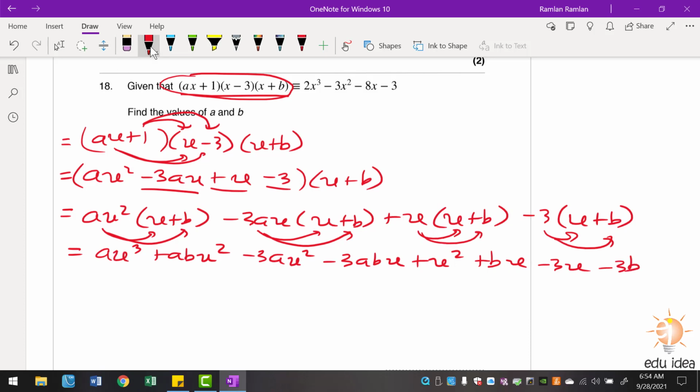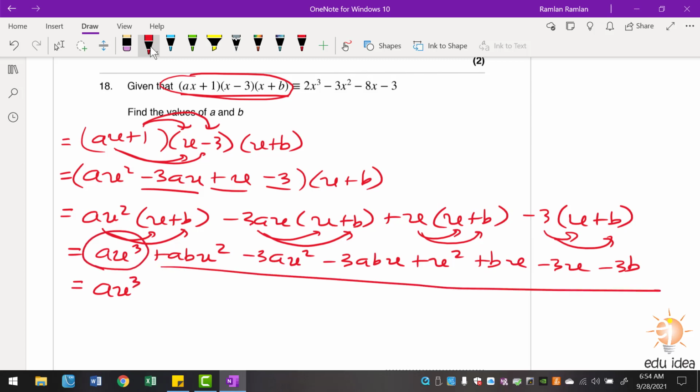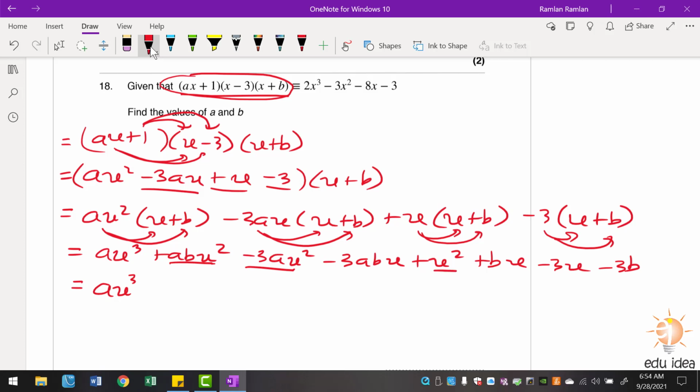Then we can simplify like this. It equals ax cubed, because it doesn't have any other x cubed in here, so we leave the ax cubed alone. And then we have this one combined with this one and also this one, because all of them have x squared. Again, you only need to add all the numbers. We have plus, and then a bracket with ab, minus 3a, and plus 1.